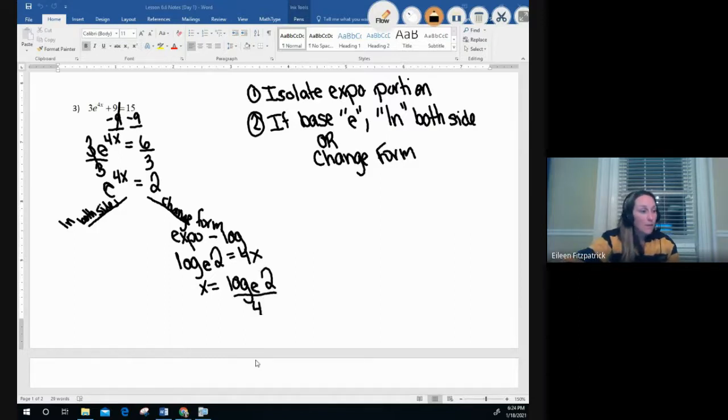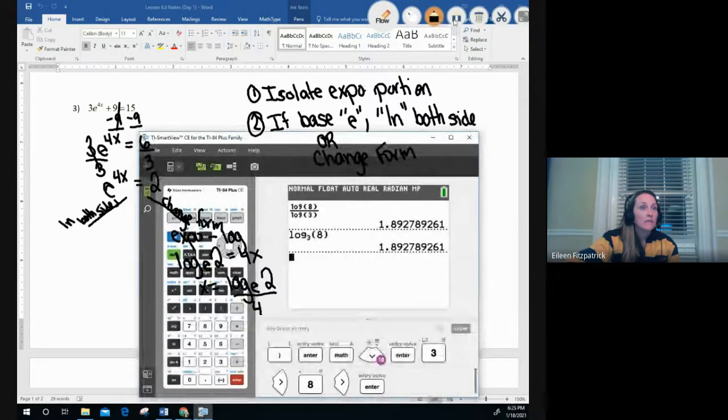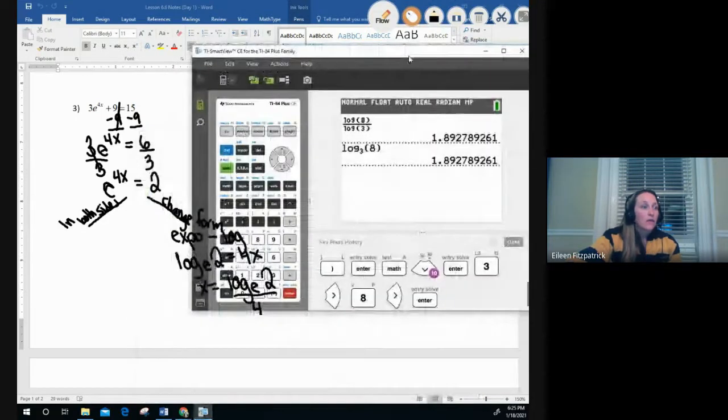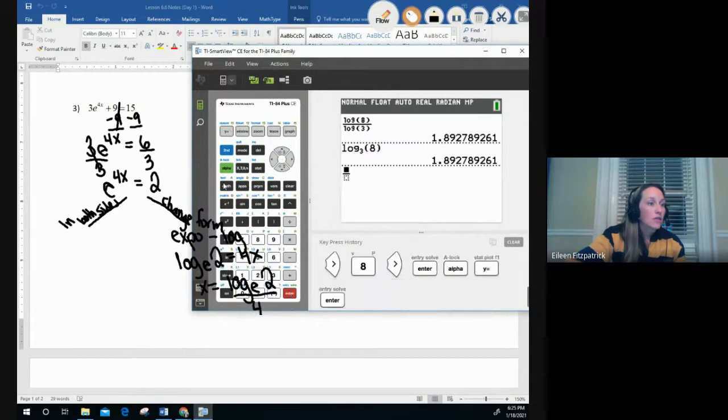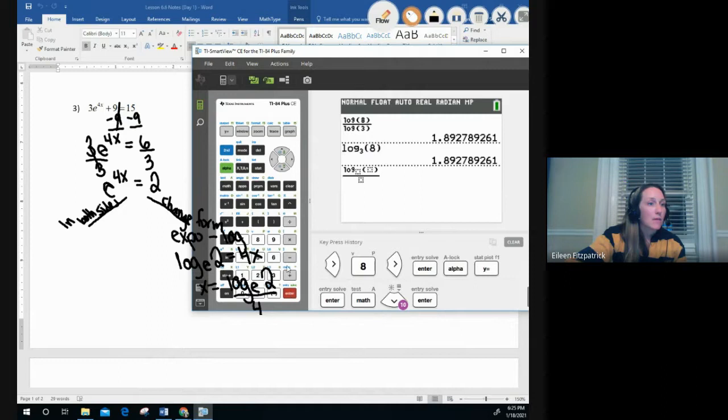Now I'm going to pick up my calculator. Let me erase up here and pull my calculator up just a bit. All right, so I'm going to do fraction, and then I'm going to do math, log base e. I'm just going to type it in exactly as it is on my paper.